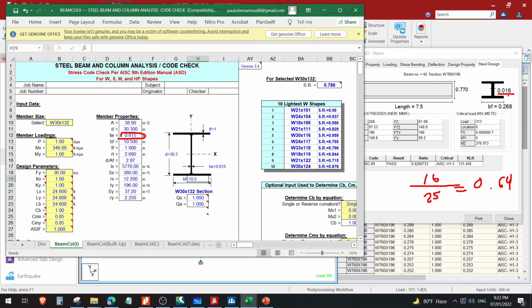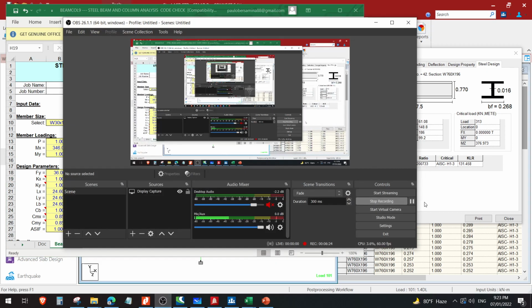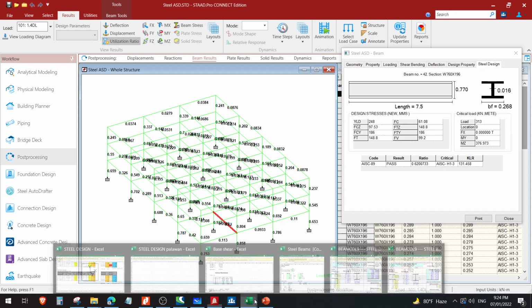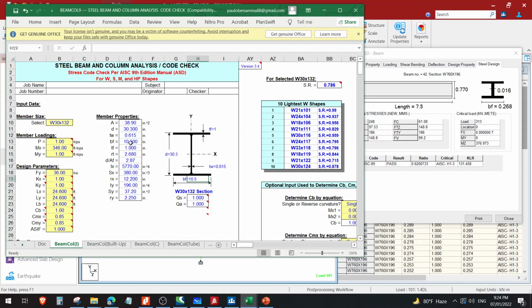And last is, thickness ng flange, according sa aking checking, it is 25.4 mm. With this, that is 1 inch. So tama naman. So in short, this W760 by 196 is equivalent to W30 by 132.